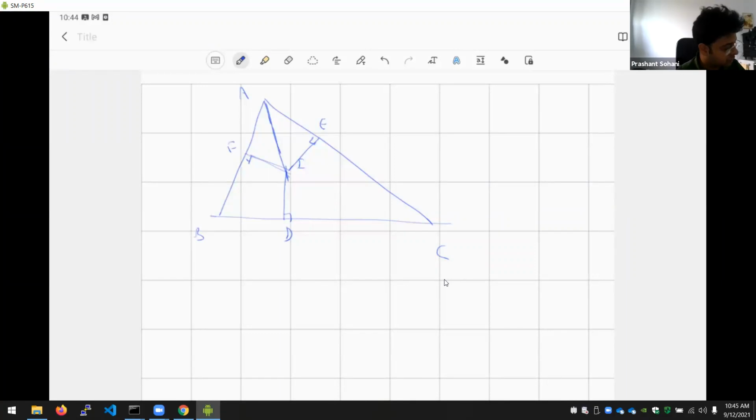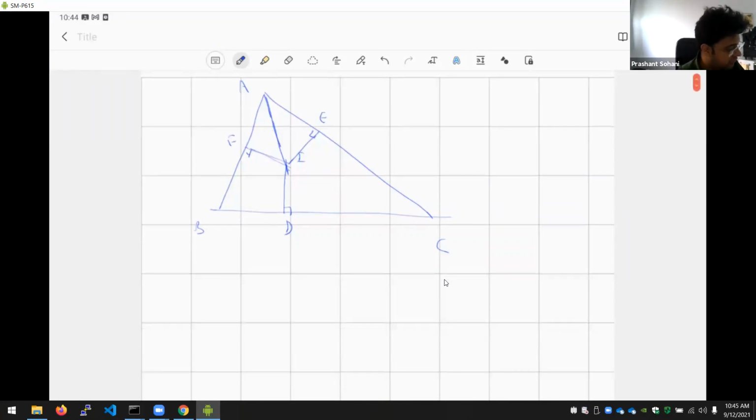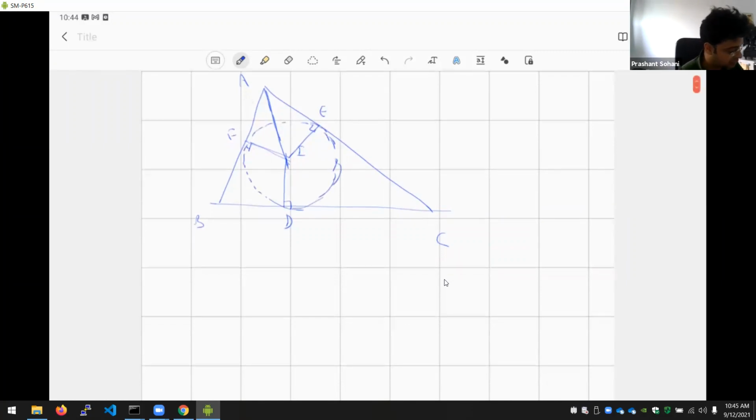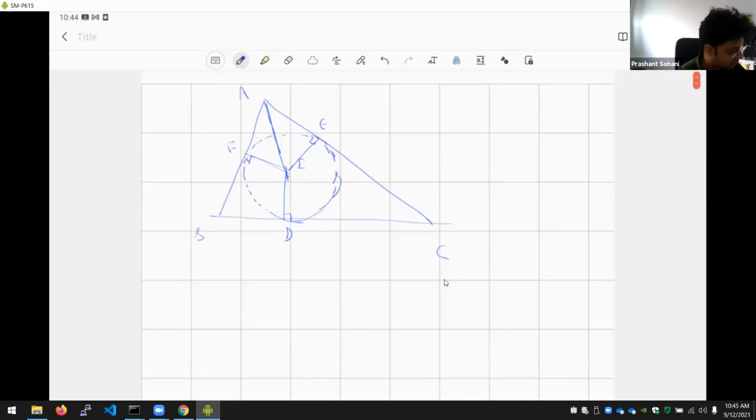We want to use this incircle as the circle of inversion, and we want to invert the circumcircle. Actually, I don't even need to draw the circumcircle for this question, but just to illustrate. So the question is, what is the inverse of this circumcircle with respect to the incircle?